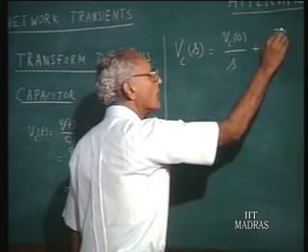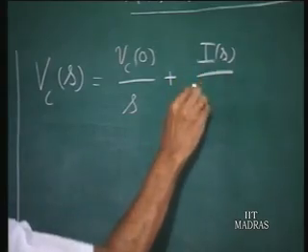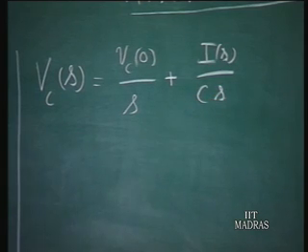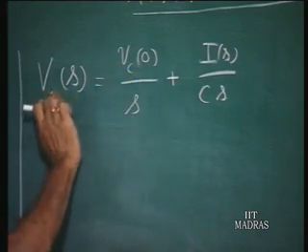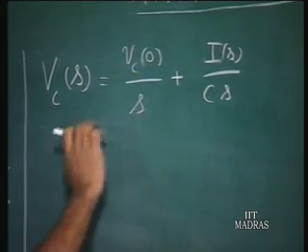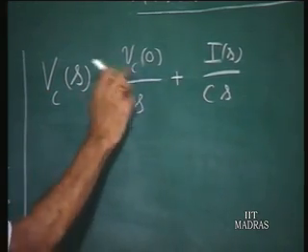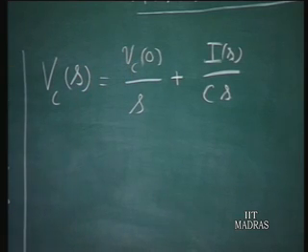Therefore, I of s over Cs. So this is the equation in terms of the Laplace transform of the terminal current and the Laplace transform of the terminal voltage. We have an additional term here: Vc of s and I of s are connected not only by the capacitor parameter, but also you have an additional term depending upon the initial voltage across the capacitor.